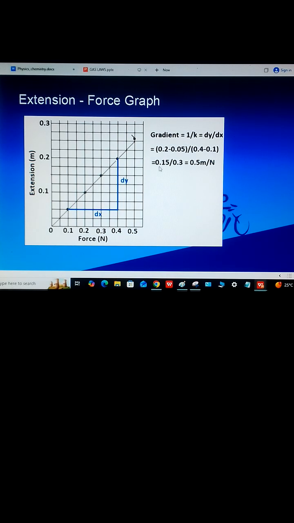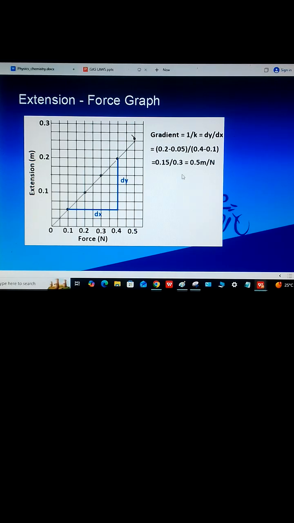So you get 0.15 divided by 0.3, you get 0.5 meters per newton. Okay, so you see in the first case, in the force extension graph, the spring constant was 2 newtons per meter, but this is 0.5. That is 1 over the gradient. 1 over k, the spring constant, you get 1 divided by 2, you get 0.5 meters per newton.